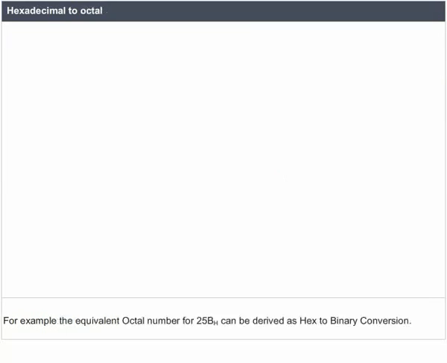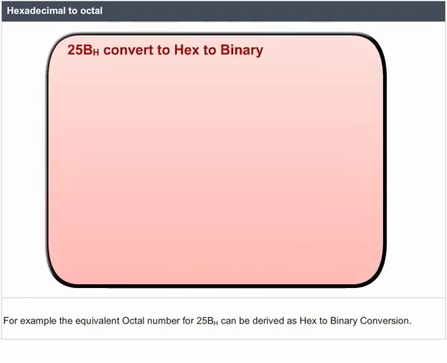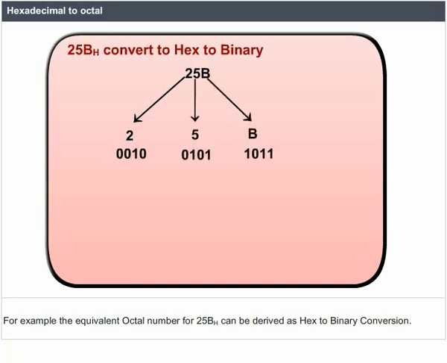Hexadecimal to octal. For example, the equivalent octal number for 25B to the base 16 can be derived as hex to binary conversion. 2 equals 0010, 5 equals 0101, B equals 1011. The binary number 0010 0101 1011.